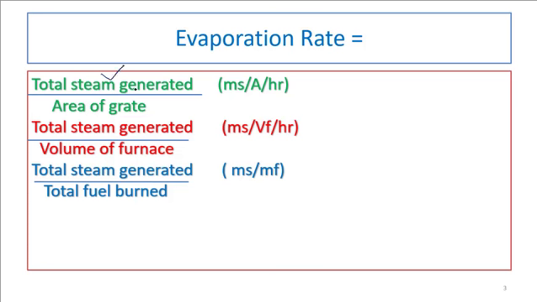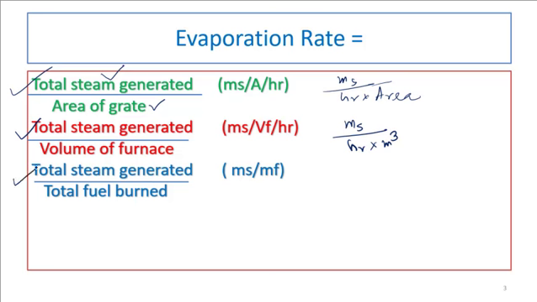Steam generated per unit area of grate, that means mass of steam generated per hour per unit area of the grate. It can also be expressed in terms of steam generated per unit volume of furnace. So in this case it will be ms, mass of steam generated per hour per meter cube of furnace volume.